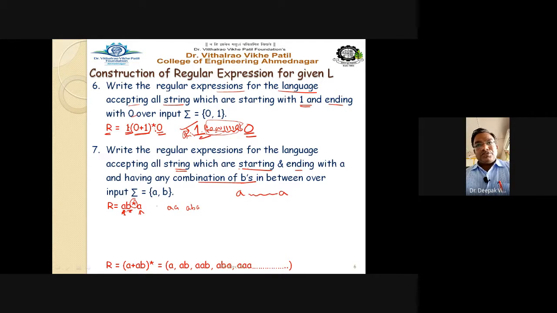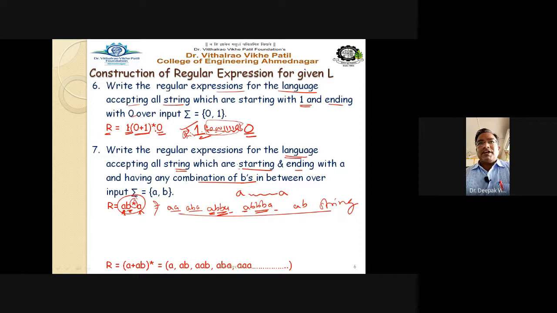These are nothing but the set of strings. So I can have AA, I can have ABA, I can have ABBA, meaning 2 occurrences of B, but it always starts with A and ends with A. Then ABBBA means start A, end A, and in between 3 B's are there. This is the set of strings for this regular expression, and it fulfills our condition of the language.